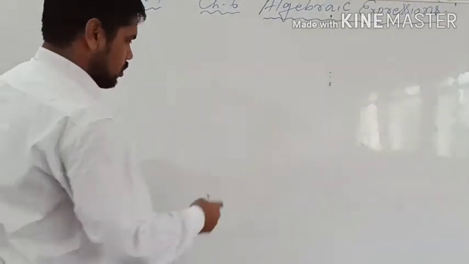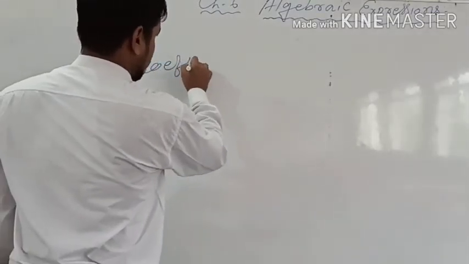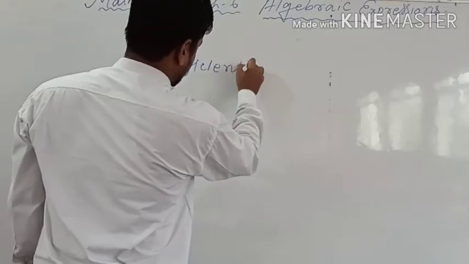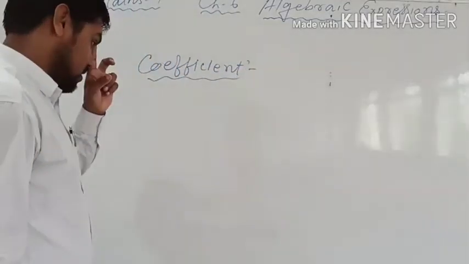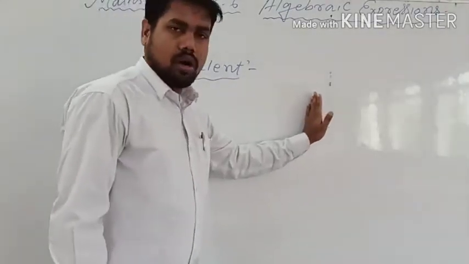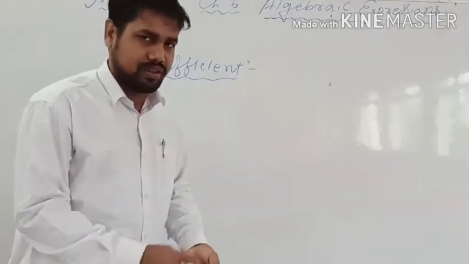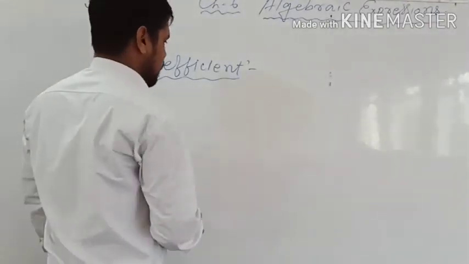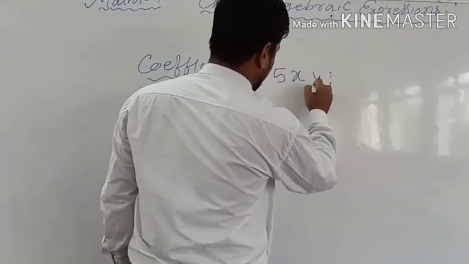Now, coefficient of an algebraic expression. Coefficient means just the opposite of that, with the sign. You can understand better with examples. Suppose I am asking, write the coefficient of 5xy.